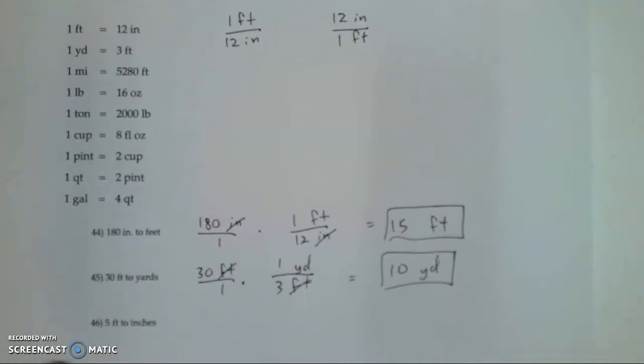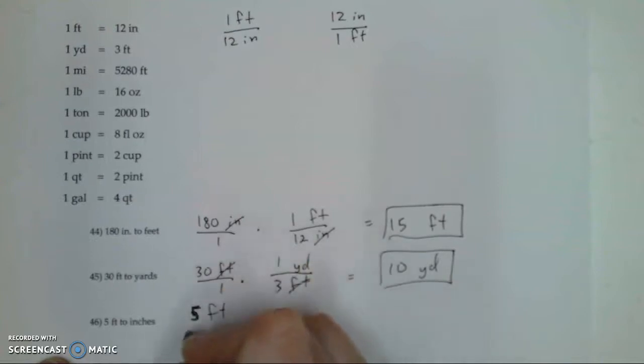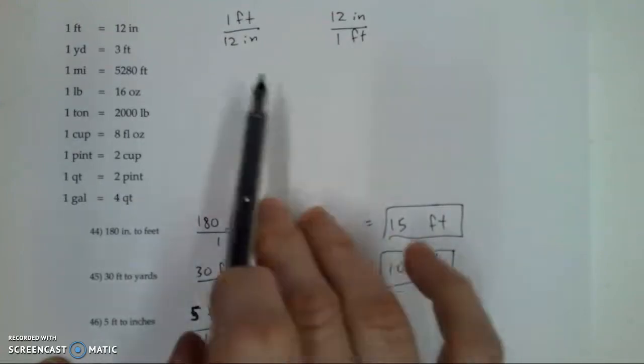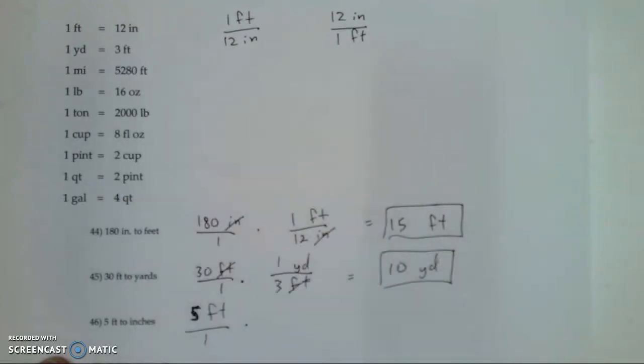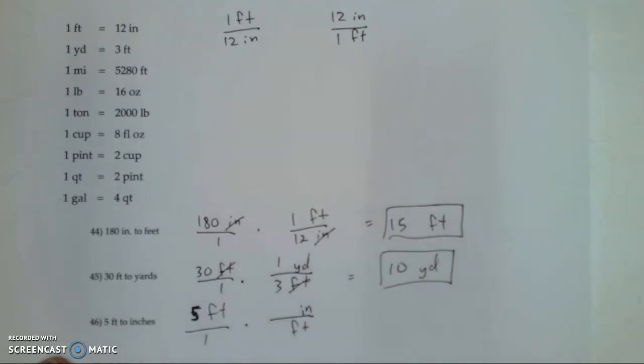All right, let's try 5 feet to inches. So again, I'm going to put 5 feet, that is a very sloppy 5, sorry about that, over 1. So I'm still going to use this 12 inches as 1 foot, but again, I need the feet on the bottom and the inches on the top.